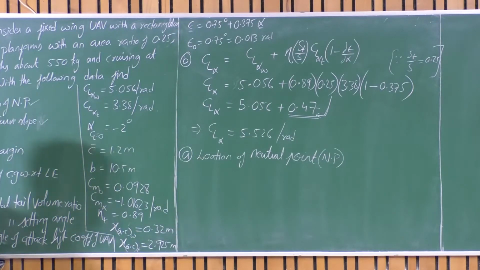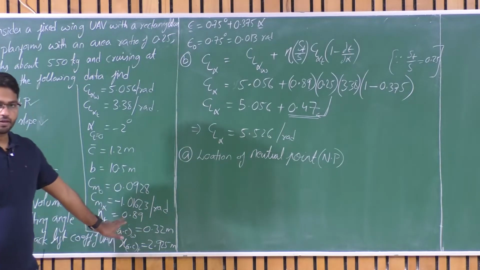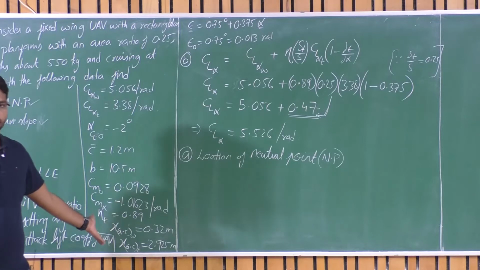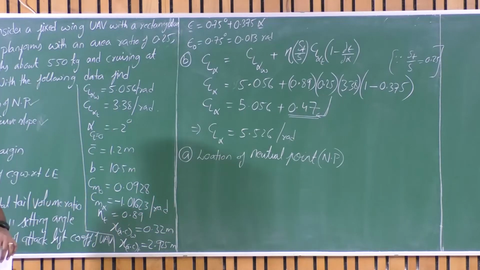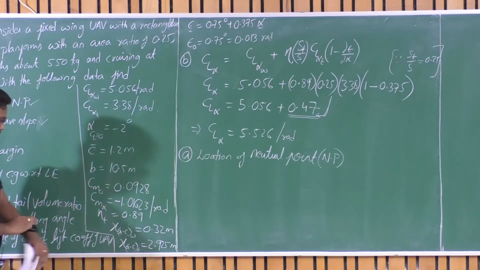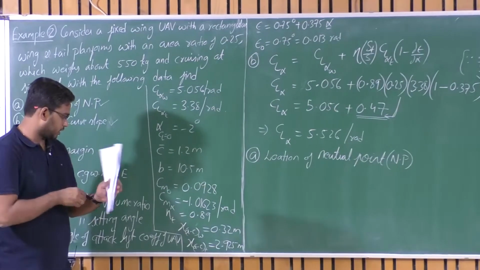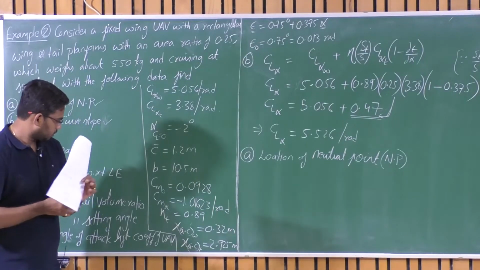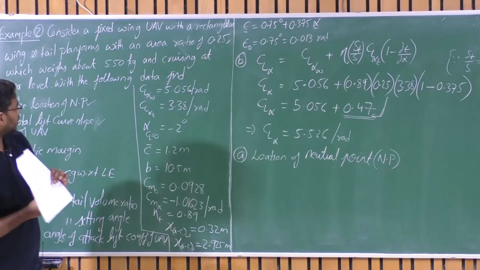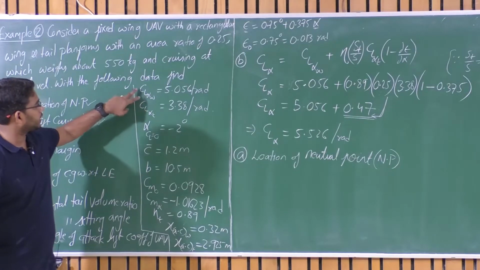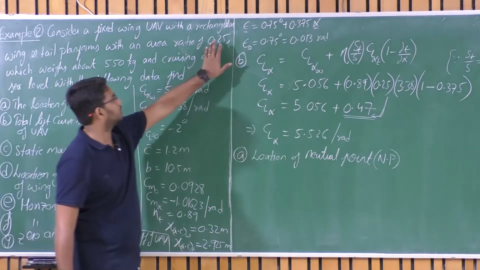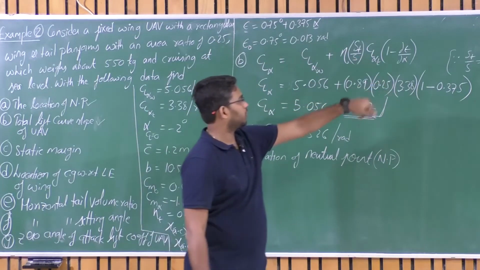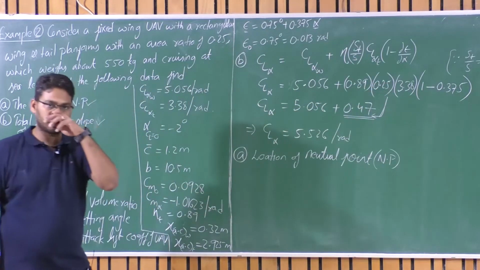If I had the static margin, I would be able to find it directly by adding the static margin to the CG. But I have neither CG data nor static margin data. All I have is the location of the wing and the aerodynamic center of the tail, the corresponding lift curve slopes of wing and tail, and the area ratio of wing and tail, which is 0.25. So with this data, I will be able to figure out the neutral point, right?